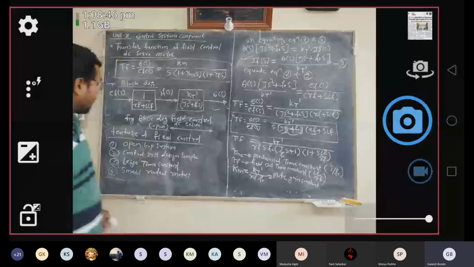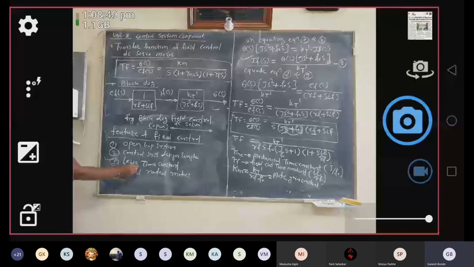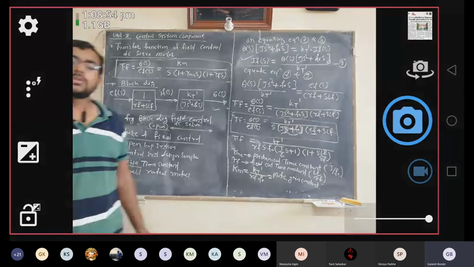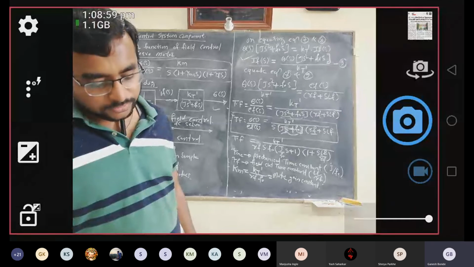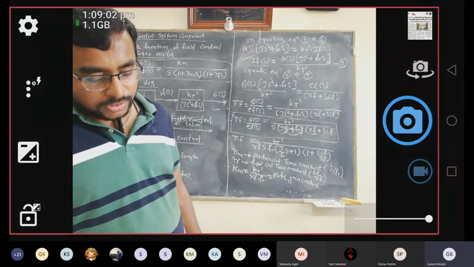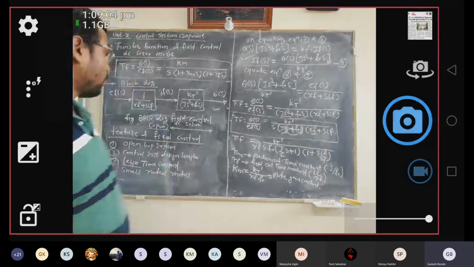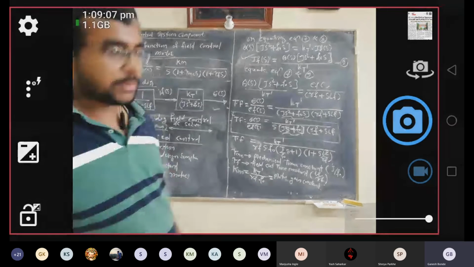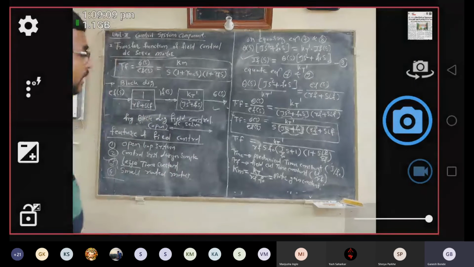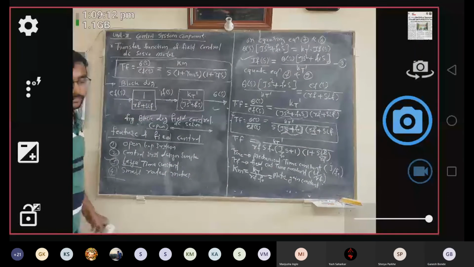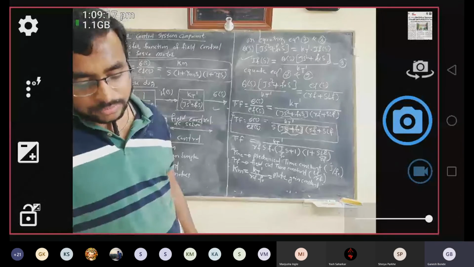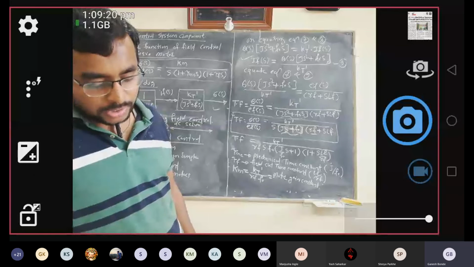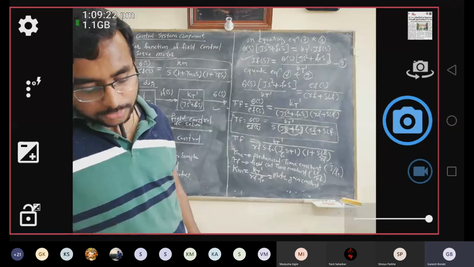Then third feature आएगा, इसके opposite, field control has a large time constant, therefore armature control motor has a small time constant. And last वाला आ जाएगा, if you compare based on the efficiency and overall performance, the armature control motor has better efficiency and overall performance.